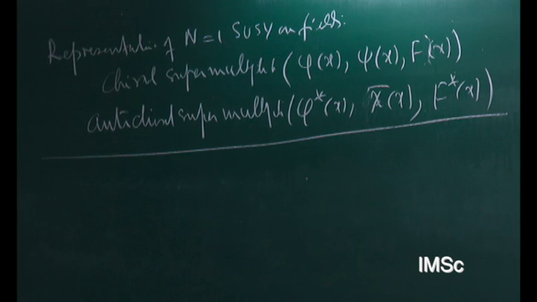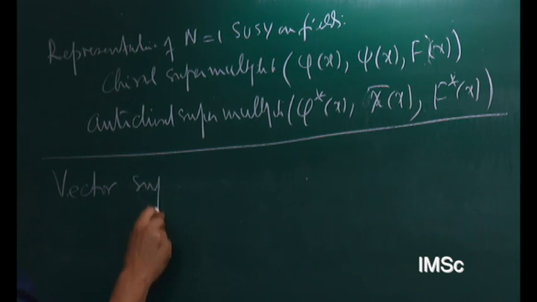Today we'll construct another representation, and we give it a name, vector supermultiplet.